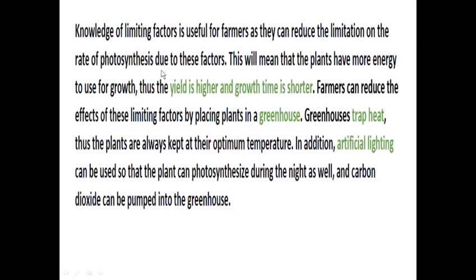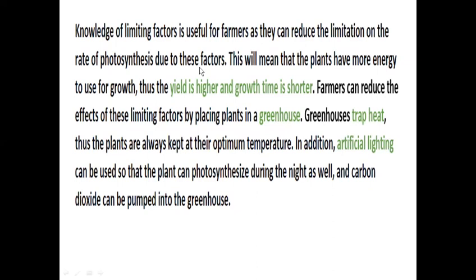Knowledge of limiting factors is useful for farmers, as they can reduce the limitation on the rate of photosynthesis due to these factors. You know that farmers are very concerned about the growth of the plant, and they have to maintain the temperature. Each plant has a specific temperature at which its enzymes work best.